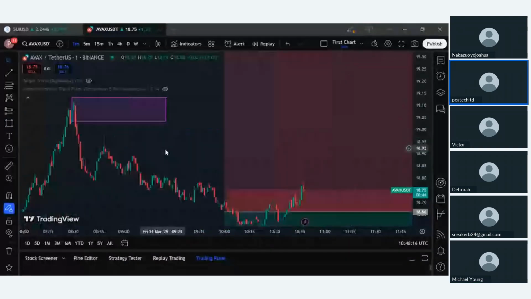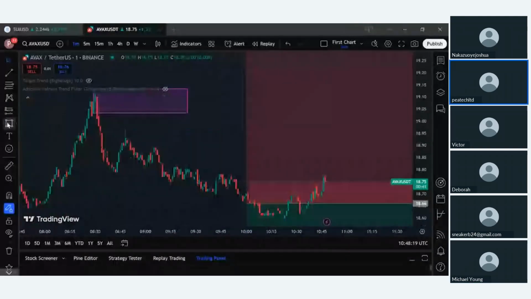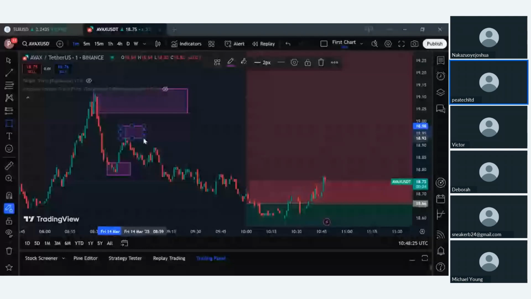Okay, so the market came down to this point, gave us a low here. Then the market gave us another high, which is lower than the previous high. This is not a valid high, it was a valid low rather, because it was not lower than this. So this becomes the next low. So from here to here is one move, right? Yes.